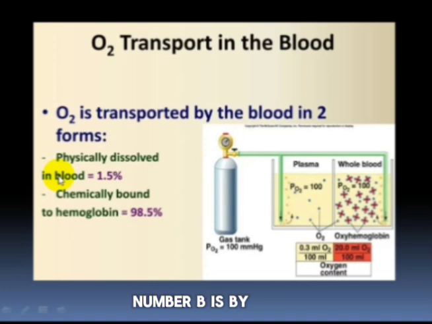Number B is by binding to hemoglobin. So there are two ways by which oxygen is transported in the body: one, by dissolving in plasma, and two, by binding to hemoglobin.